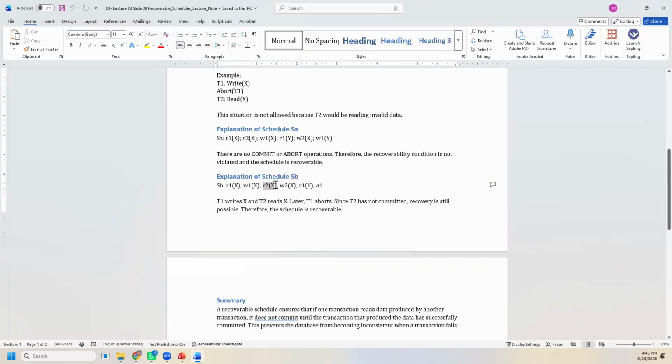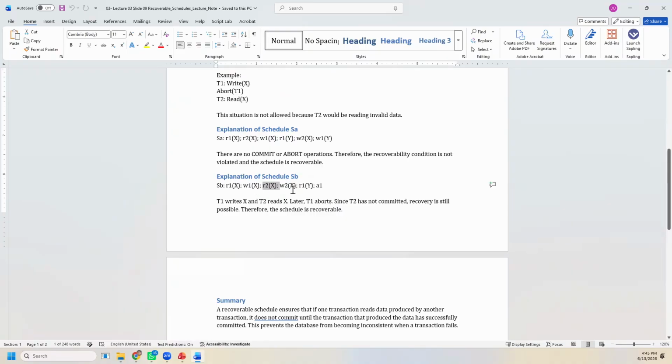T2 reads things written by T1. Then T1 aborts, right? Since T2 is not committed, recovery is still possible. Therefore, the schedule is recoverable, right?